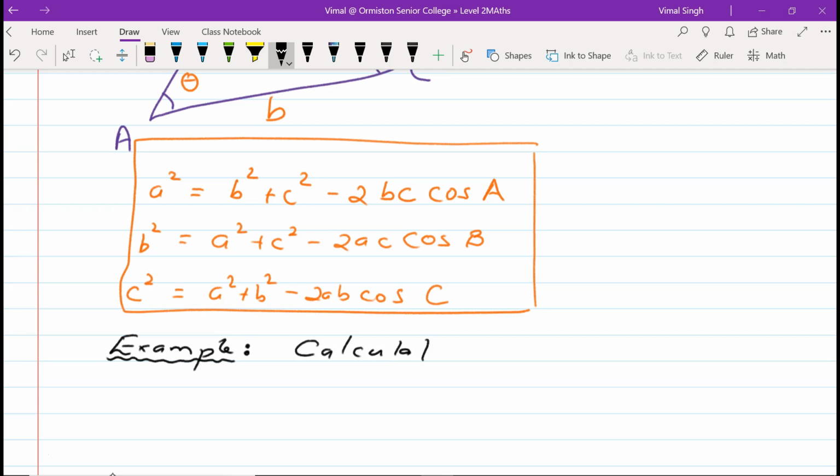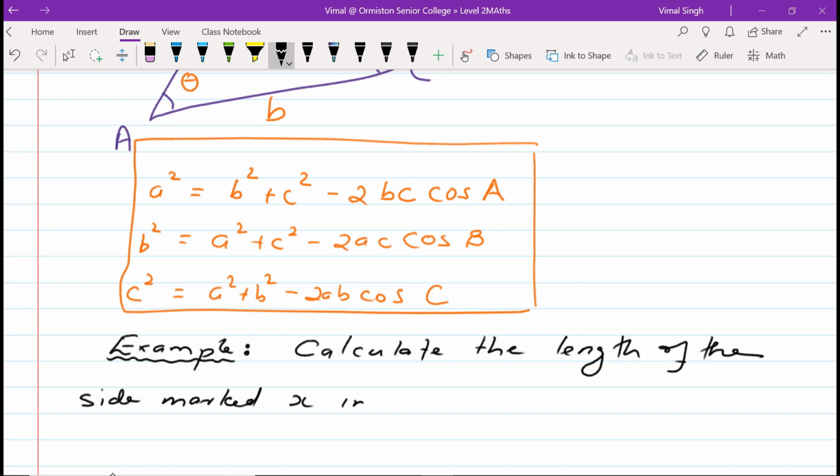Calculate the length of the side marked x in the triangle shown below.